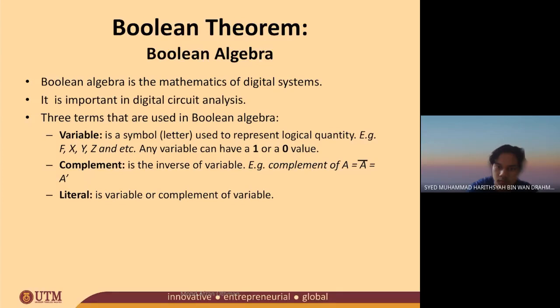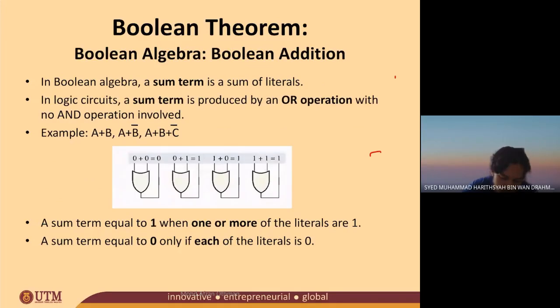So first we look at Boolean algebra, or what we call the Boolean addition. The Boolean addition is called the sum term, or sum of literals. In a logic circuit, the sum term is produced by an OR operation, which has no involvement of an AND operation.